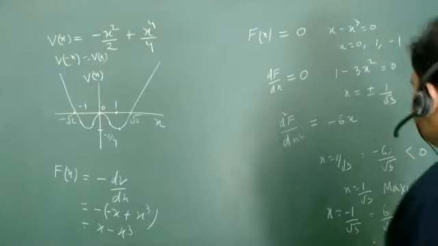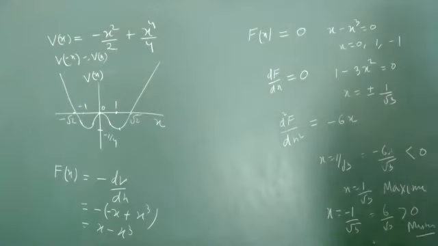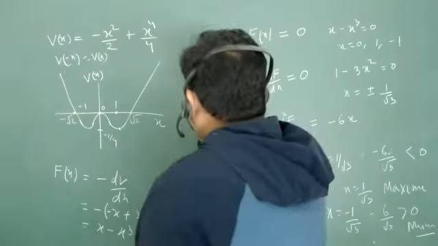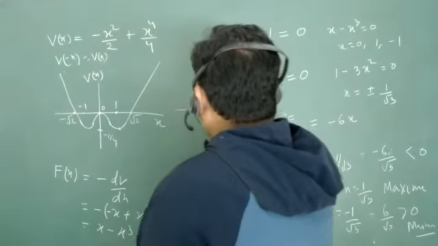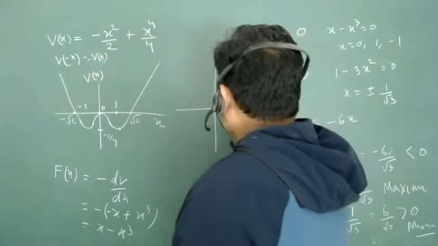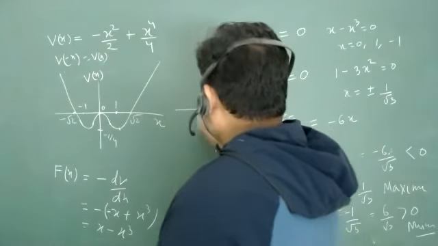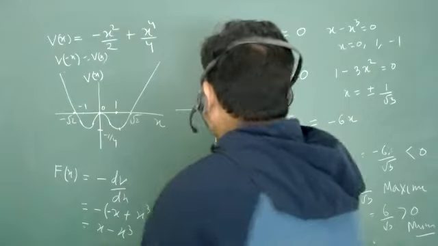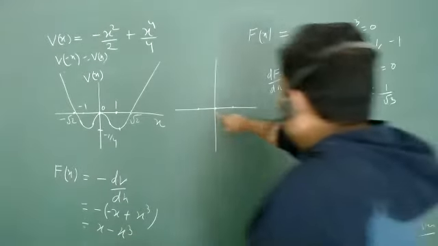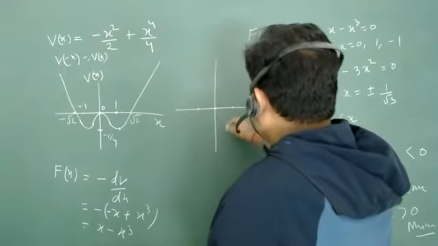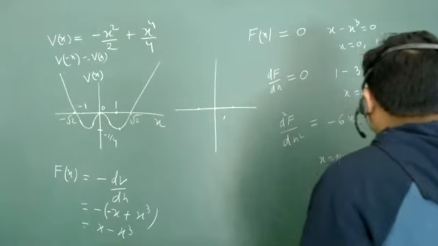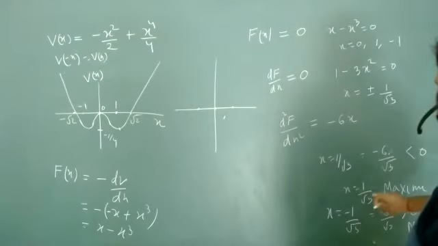Now let us try to calculate the points. At x equal to 1, my force is 0, and at x equal to minus 1, force is 0. Then x equal to 1 by root 3, obviously, is between 0 and 1. Here you have maxima. What is the value of force at x equal to 1 by root 3?